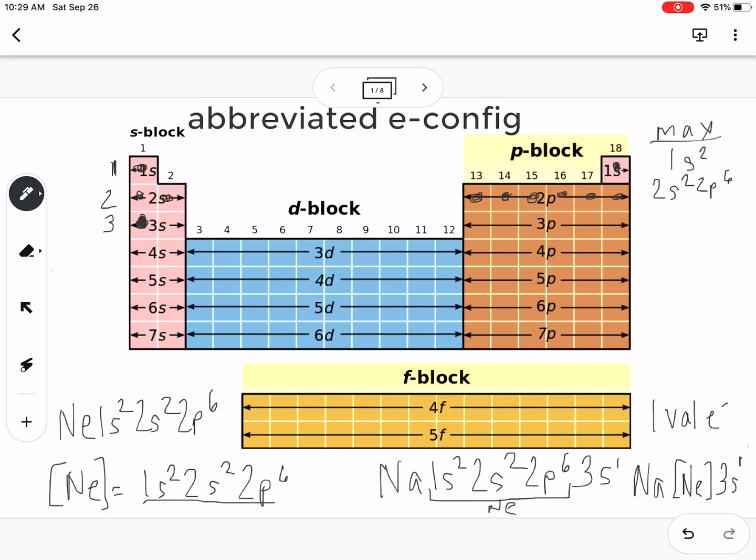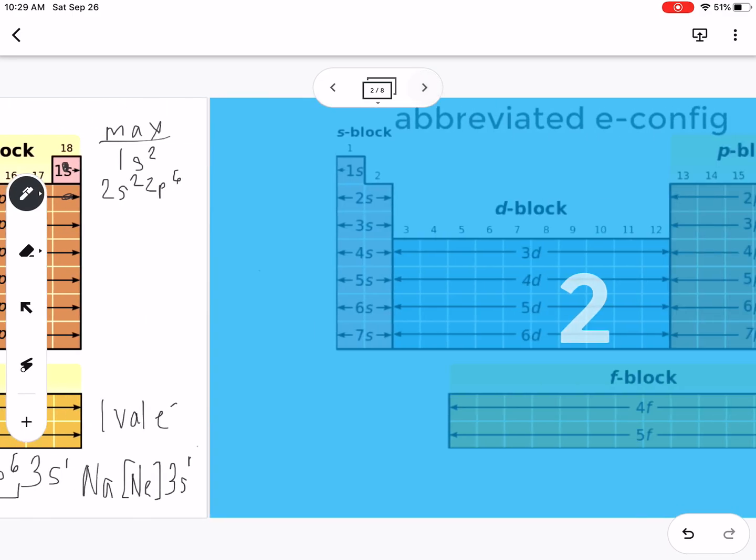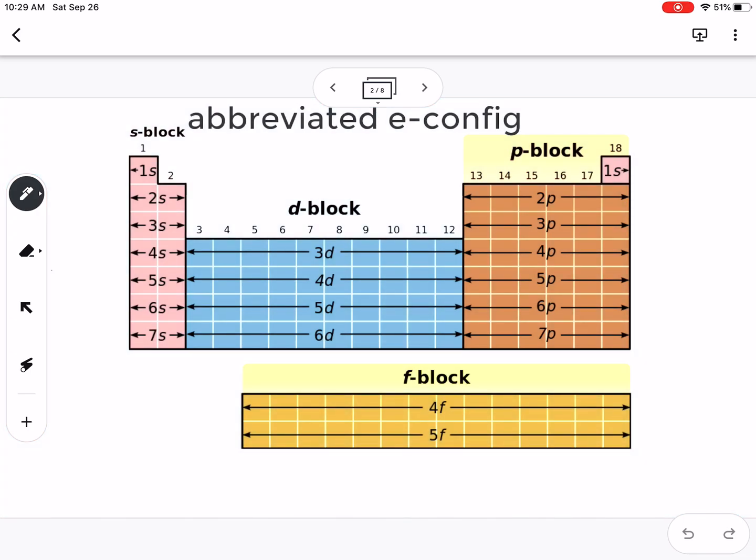Okay, let's do another example. So if we wanted to do lithium, or we already did a group one, let's do beryllium. So beryllium, 1s2, 2s2, 1s1, 1s2, 2s1, 2s2.